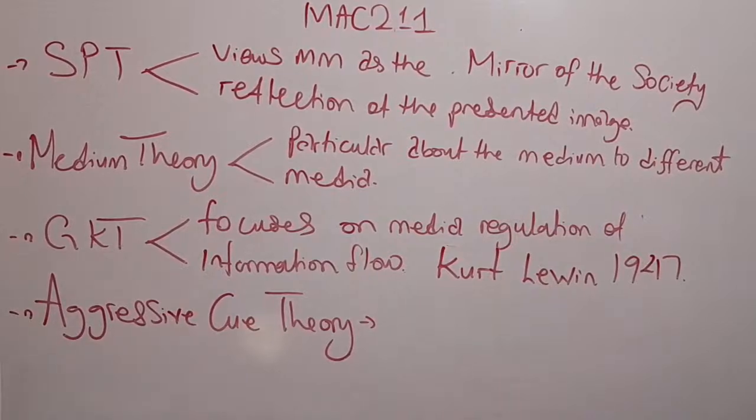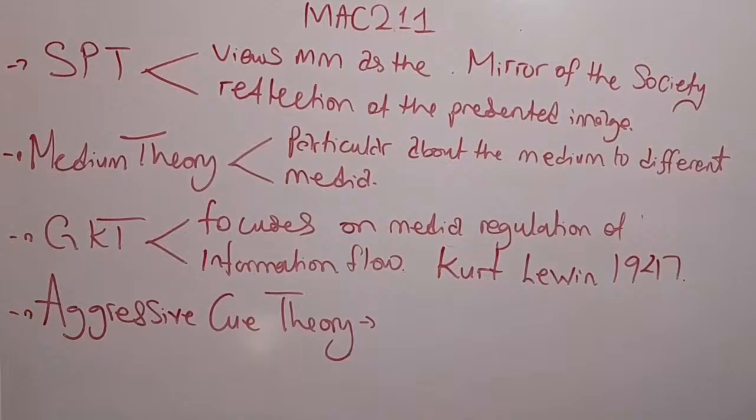Now, what are we talking about here? We are simply referring to the fact that this theory is intentional. This theory is particular and deliberate about figuring out why people act aggressively, due to certain things, or a direct or indirect consequence of mass media violence.